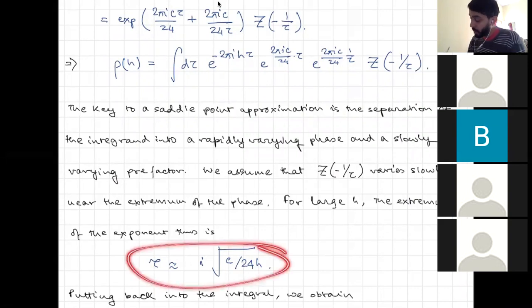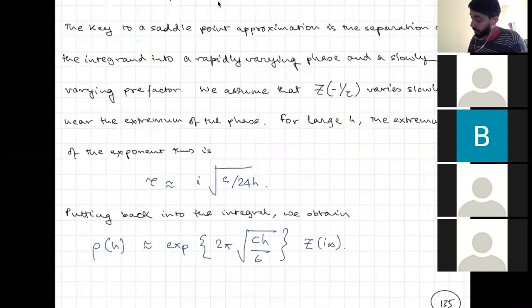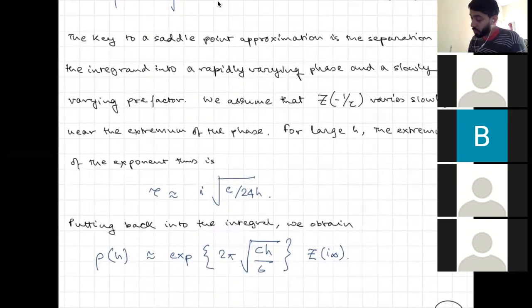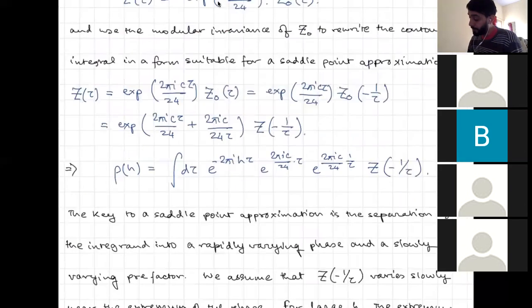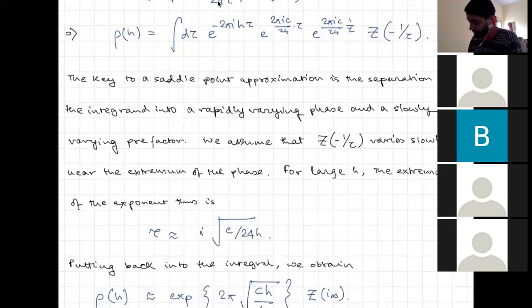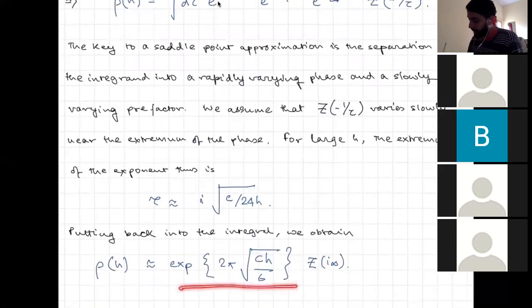So if you put this now into the integral, then what we will obtain is that rho of h is given by exponential of this factor into z of i infinity. So if you do this, what are you going to obtain? Now from here it's simple to just take the log of this, and this is going to be subleading, so you drop that off.